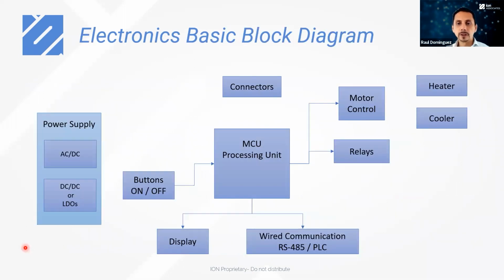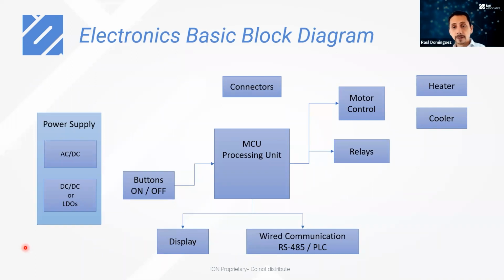So in electronics, we can see this, the basic block diagram. We have the power supply, AC-DC. Then we have DC-DC or LDOs to go to a lower voltage. We have the main processing unit, the microcontroller. We have buttons to interact with the user.